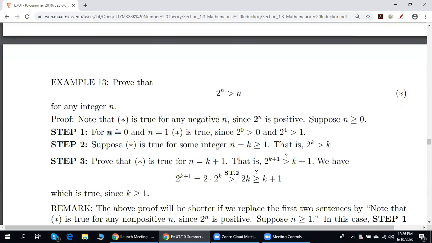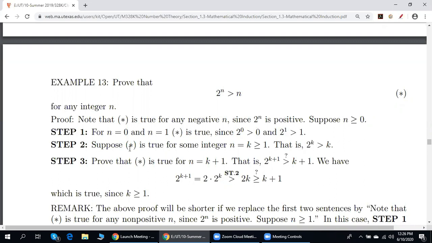So, suppose n is equal to 0. Our left-hand side is 2 to the 0 power, which is 1. Our right-hand side is 0. 1 is indeed greater than 0. For n is equal to 1, our left-hand side is 2 to the first power. Our right-hand side is 1. 2 to the first power is 2. 2 is greater than 1.